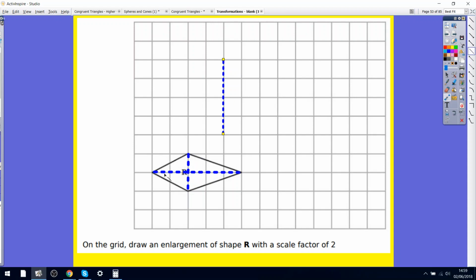So it was 2 squares to the left, but so the enlargement would be... Yeah, so you'd find the midpoint, 2, 3, 4 squares to the left, and then to the right.